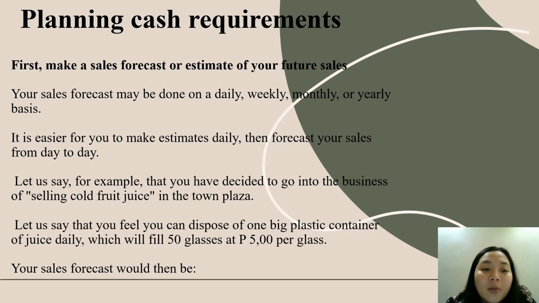So moving forward, we have here your sales forecast may be done on a daily, weekly, monthly, or yearly basis. So it is easier for you to make estimates daily than forecast your sales from day to day. So it's very helpful. Now we have inventory weekly, from daily, weekly, monthly to yearly, so that we will check when is the date that is more likely to have more production that is needed.